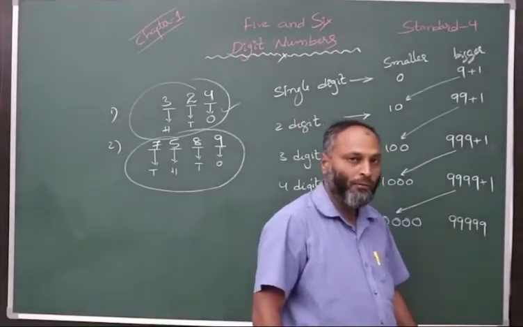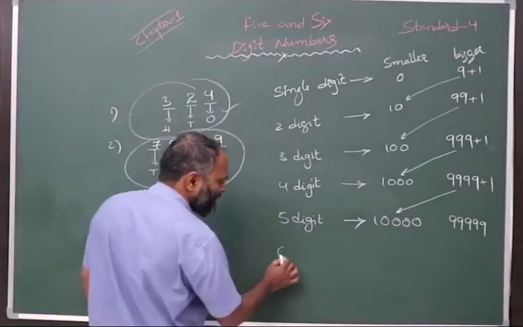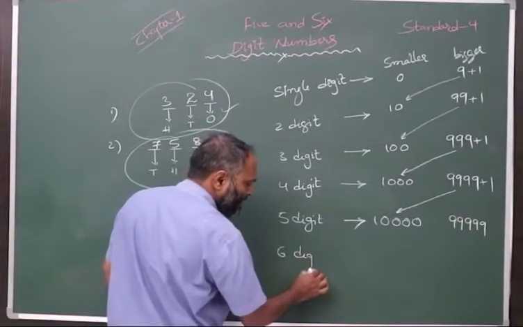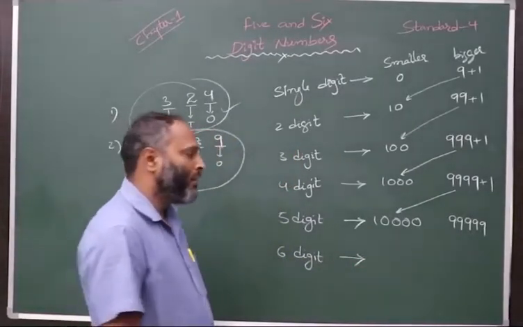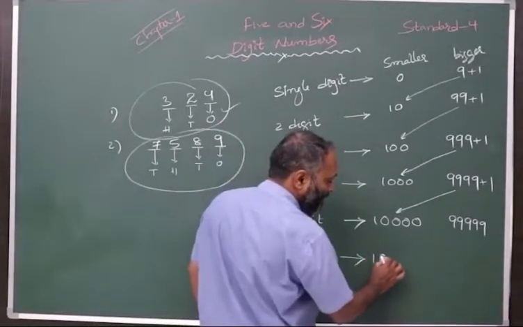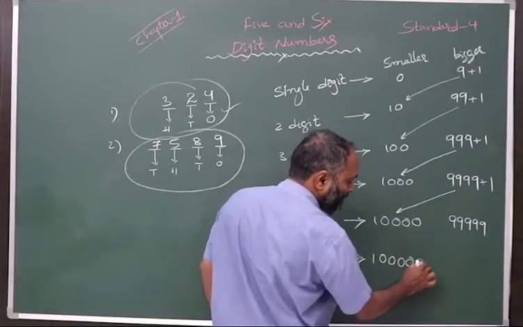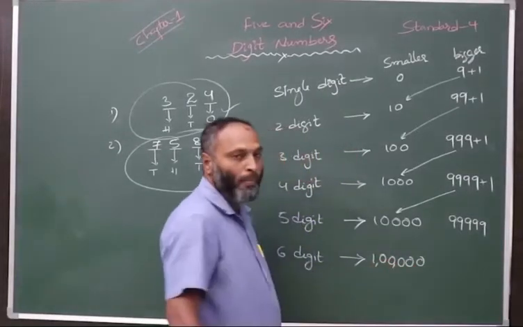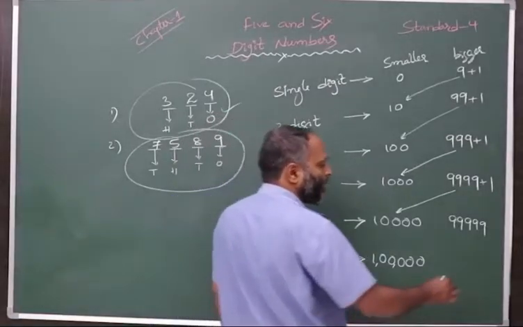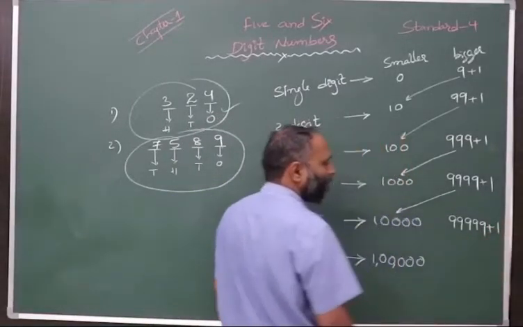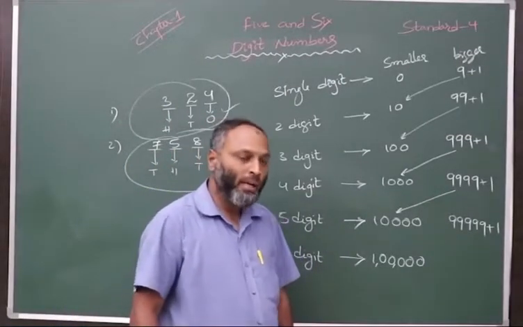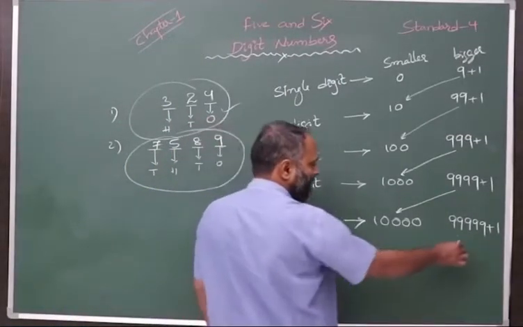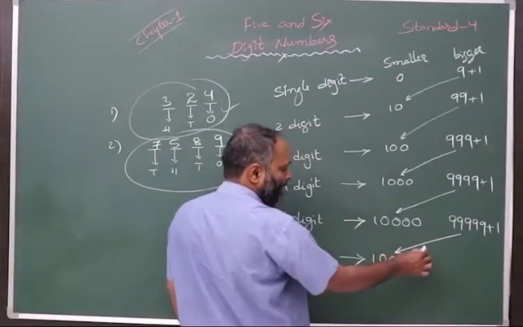In the same way, the 6 digit smaller number is 1 lakh. We call it 1 lakh. How do we get this? If we add 1 to 99,999, we get the 6 digit smaller number.